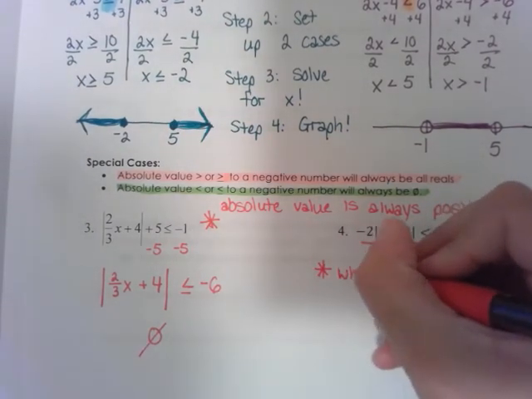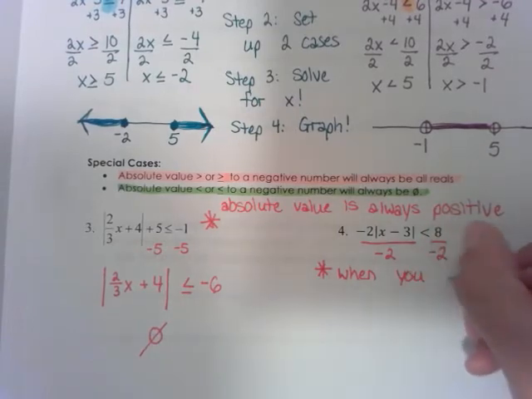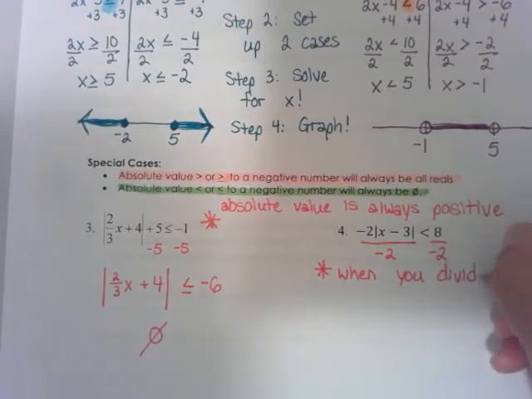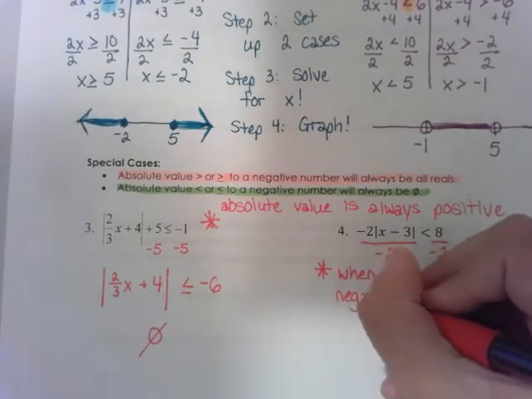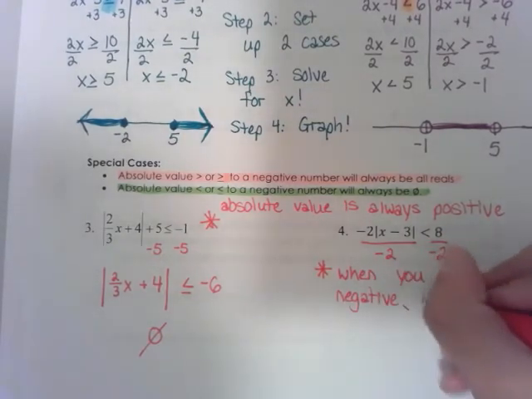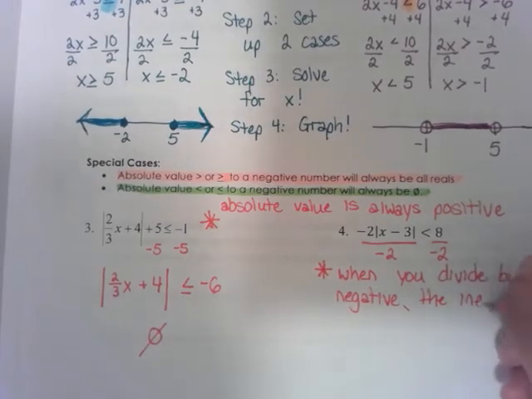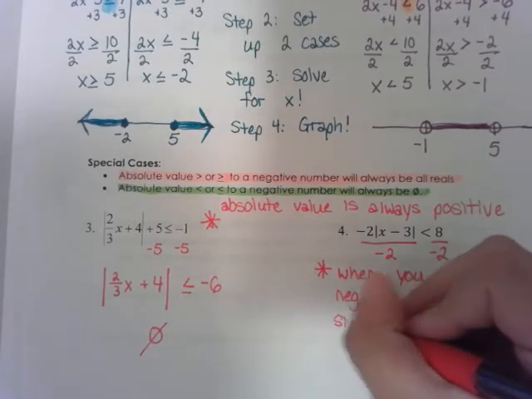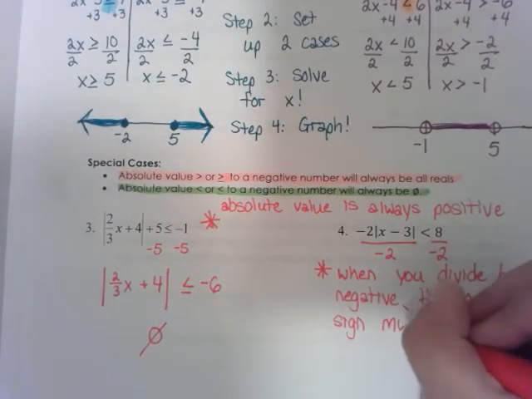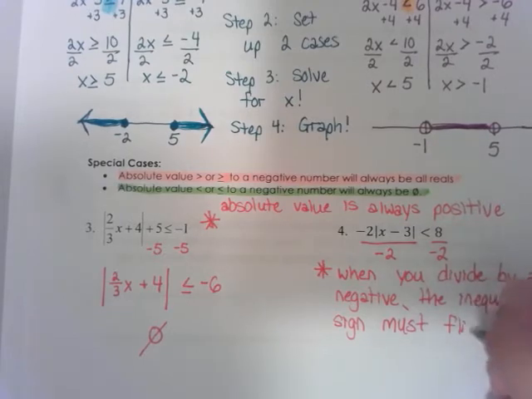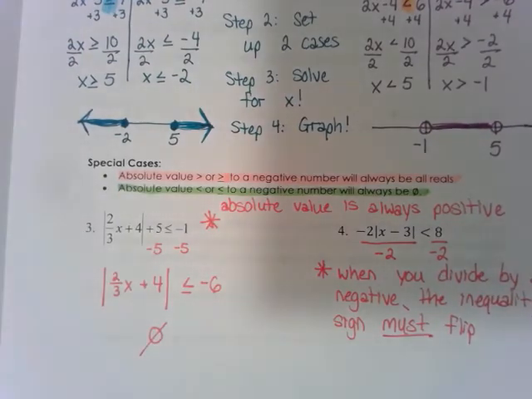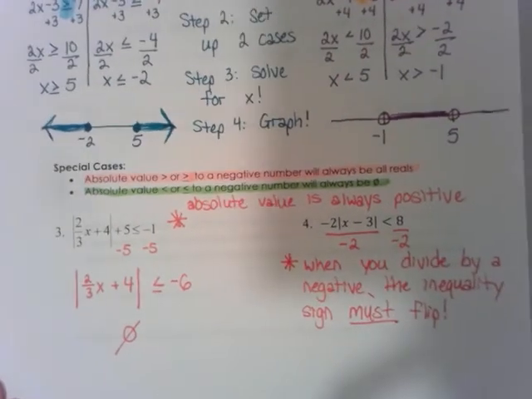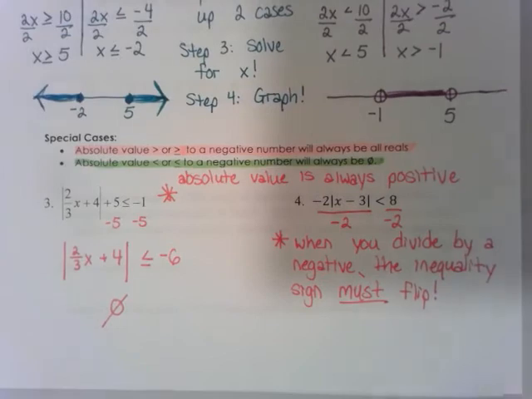When you divide by a negative, the inequality sign must flip. So because I divided by a -2, that means that I am going to have to flip the inequality sign.